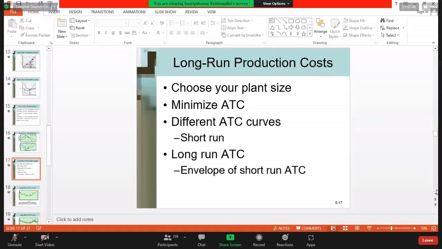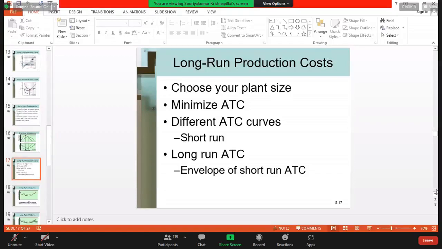But when the firm has enough time, they can change their plant size and the variable input. So to produce different levels of output, they can choose what plant size will give the minimum cost.